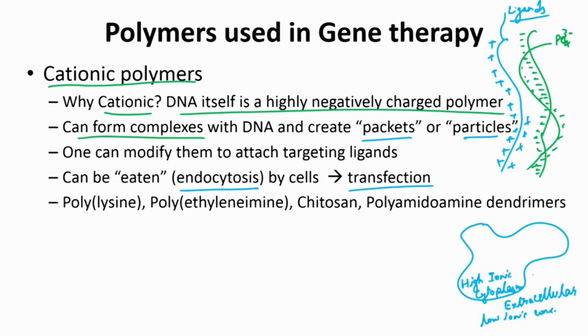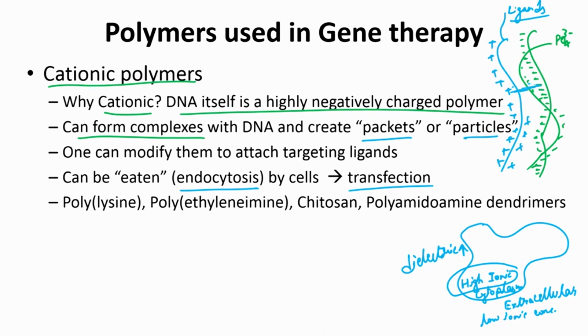So, what does that mean? That means that since there is high ionic concentration, the dielectric of this particular cytoplasm is high, and because of that this ion based interaction, according to Coulomb's law, dielectric is in the denominator, since it is high the interaction is going to decrease, and so that means that the bond is not going to be as strong and this can separate out.